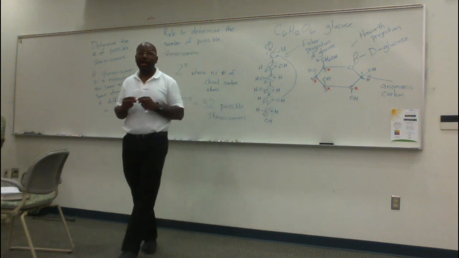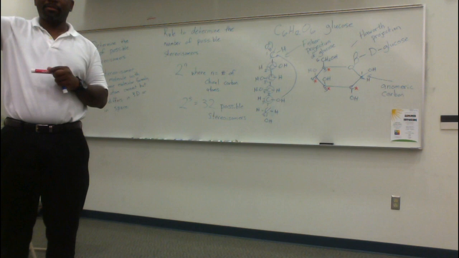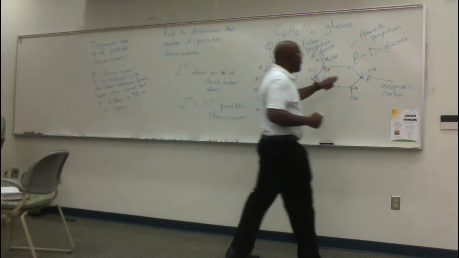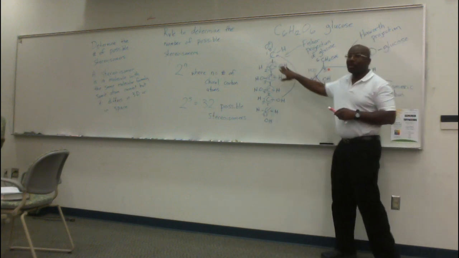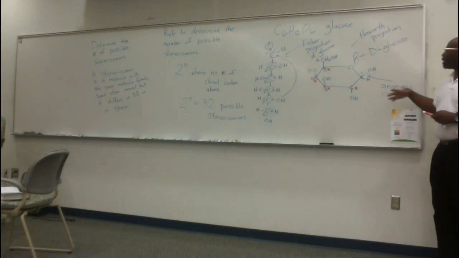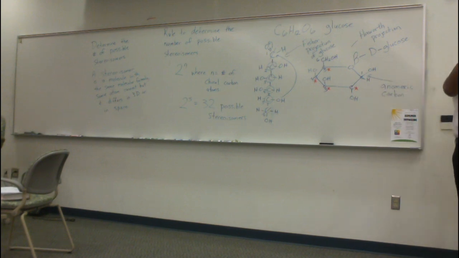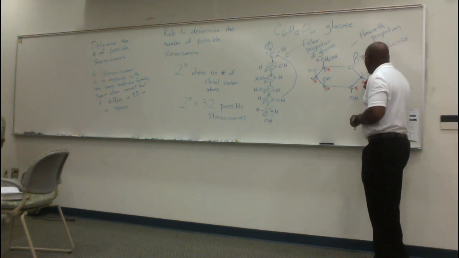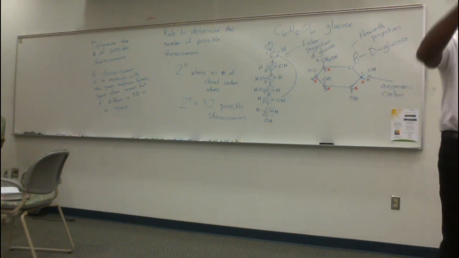And we got a new chiral carbon atom, which is carbon number 1. In the original molecule, carbon number 1 was not chiral. Once you cyclize it, does carbon number 1 have 4 different groups attached to it? Yeah. So instead of 4 chiral carbon atoms, glucose in the cyclic form has 5.